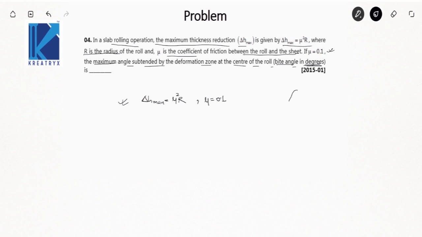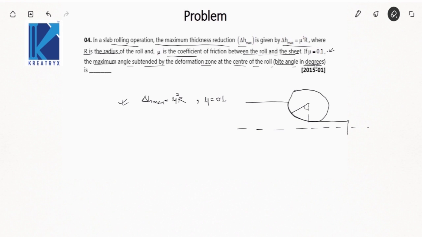The other formula which we can derive in a roll pass arrangement: suppose this is a roll and this is a metal which is coming out. I'm only drawing the half portion. It is basically symmetrical in nature. So let us assume that this is the angle alpha. Sorry, I have made a mistake while drawing. It won't start from here.